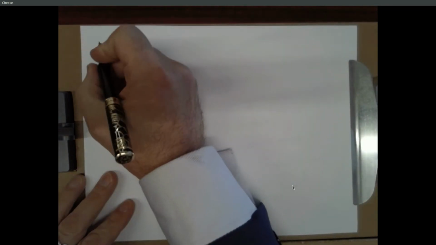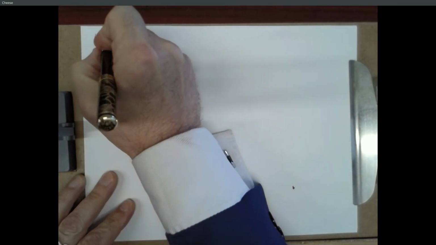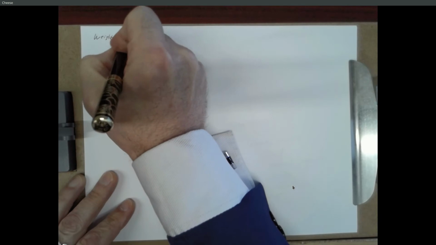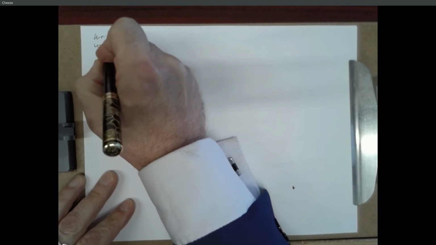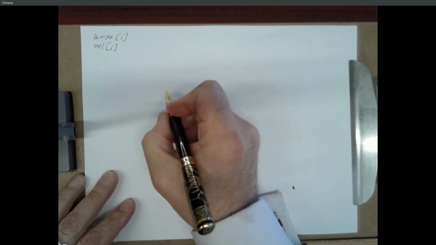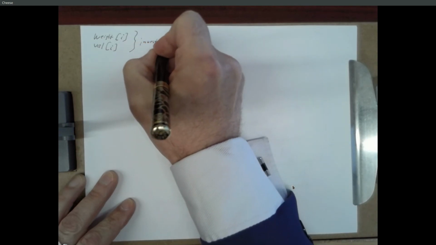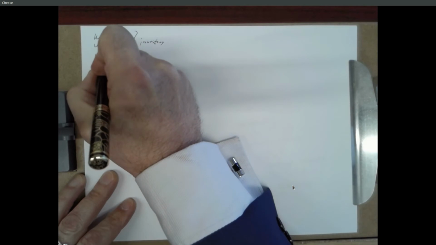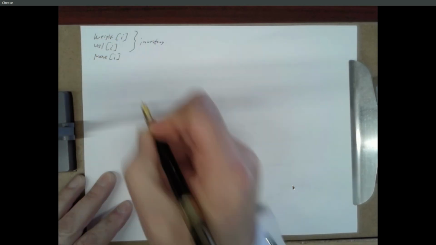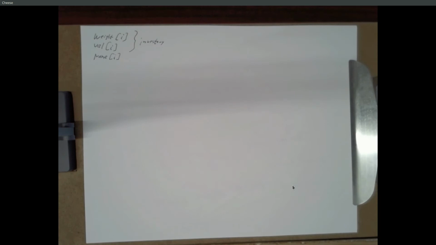So I'm going to imagine that I have an array of weights and an array of values. So this is our inventory. And we can also have an array of names, but that's not going to come into the calculation. That's just for making things look nice later.